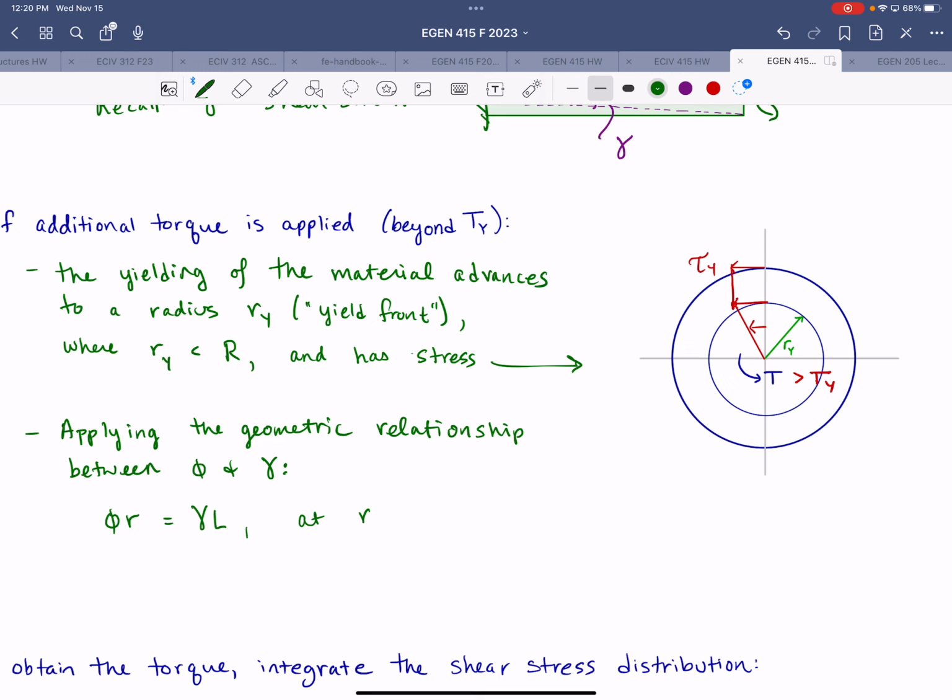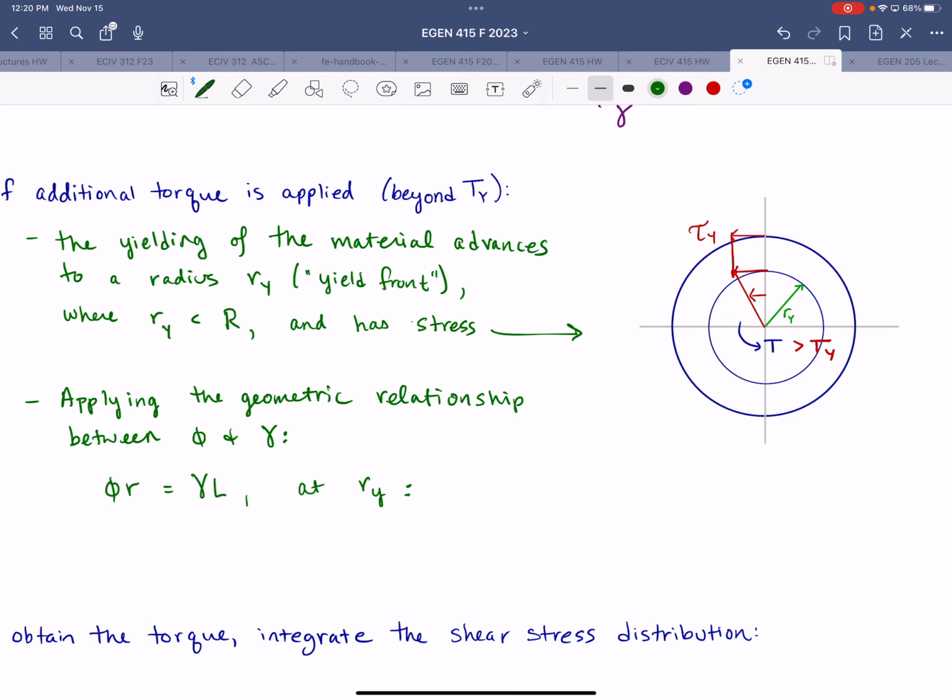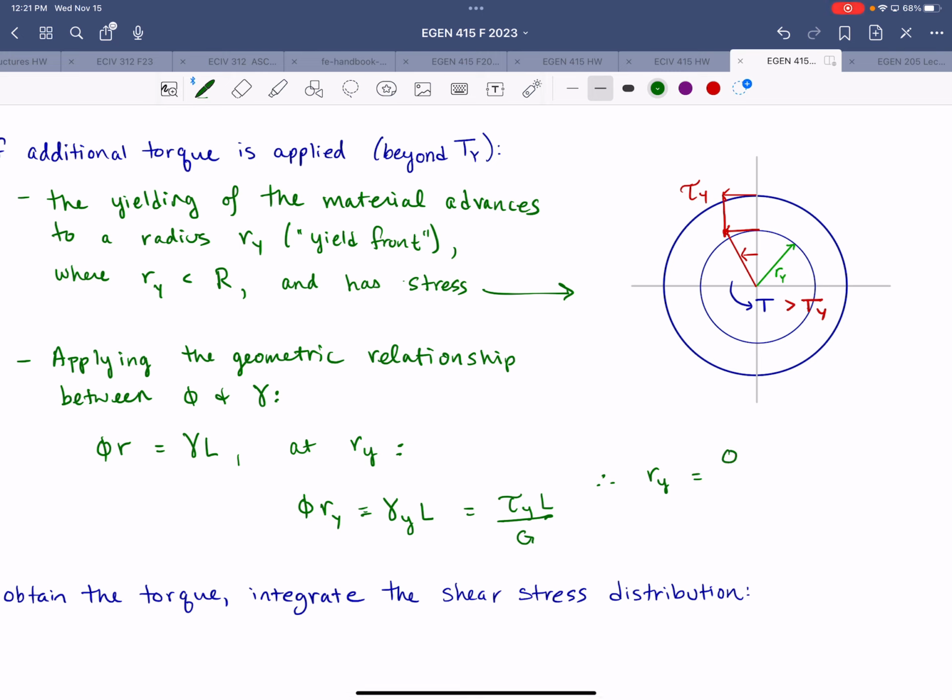So at the yield front, phi times the radius to the yield front is equal to the yield strain times the length, which is equal to the yield stress times the length over the shear modulus G. So we can say that the yield radius is equal to the yield angle of twist divided by the variable angle of twist times the outer radius R.